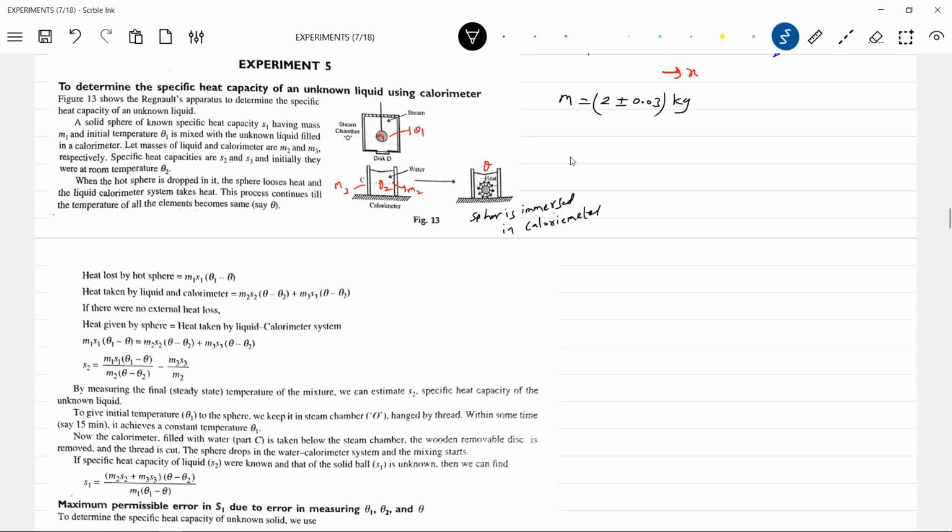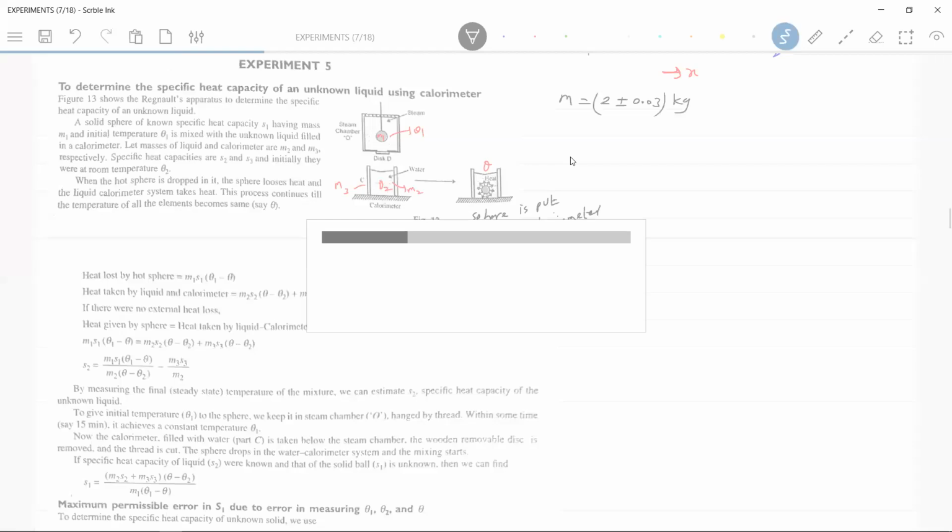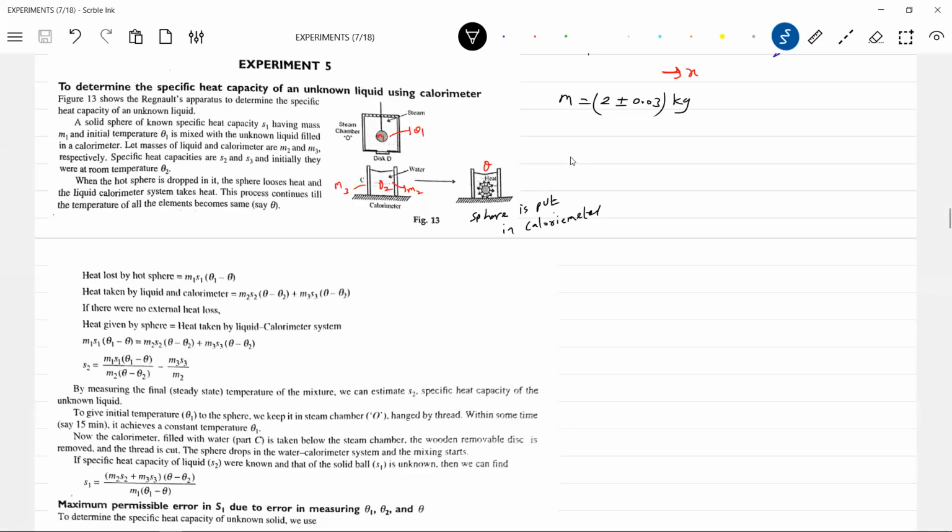Sphere is immersed in, or sphere is put, I will write it. Sphere is put in calorimeter.